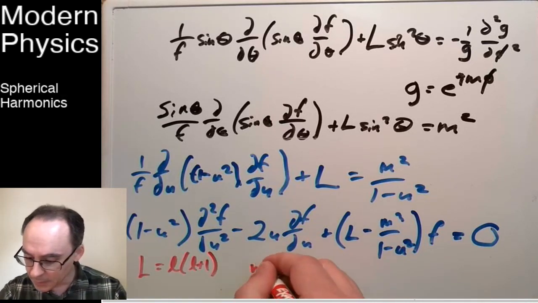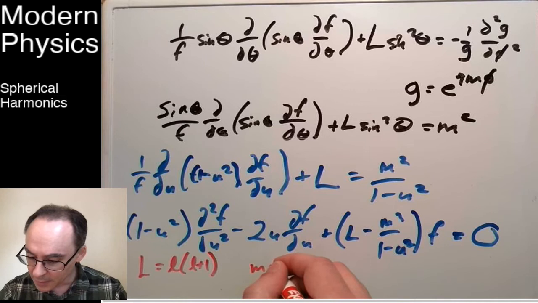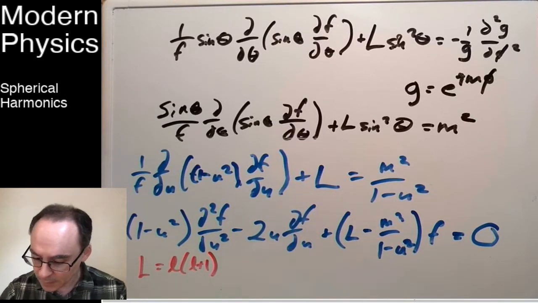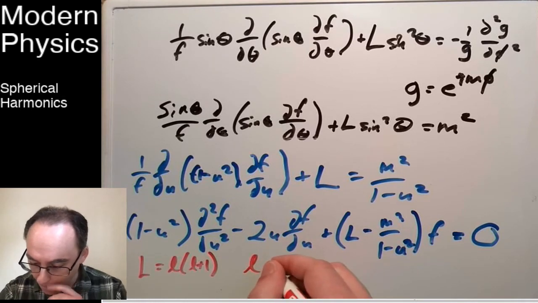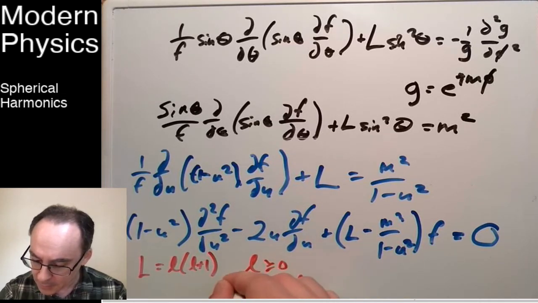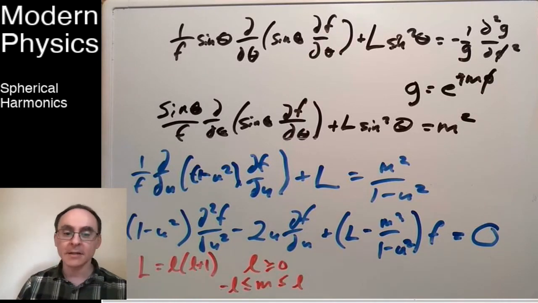And then M has to be between plus or minus L. So L is greater than or equal to 0, and M is also an integer that ranges from minus L to L.